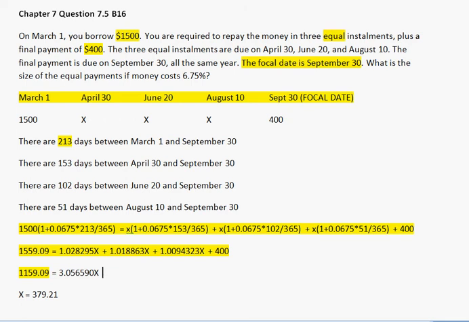Divide through by 3.05690 to find X, and so X is 379.21. So you would repay the loan by 3 equal repayments of $379.21 plus a final payment of $400.